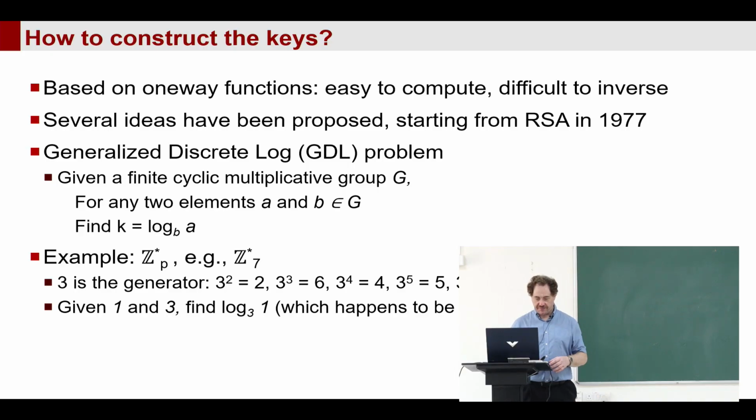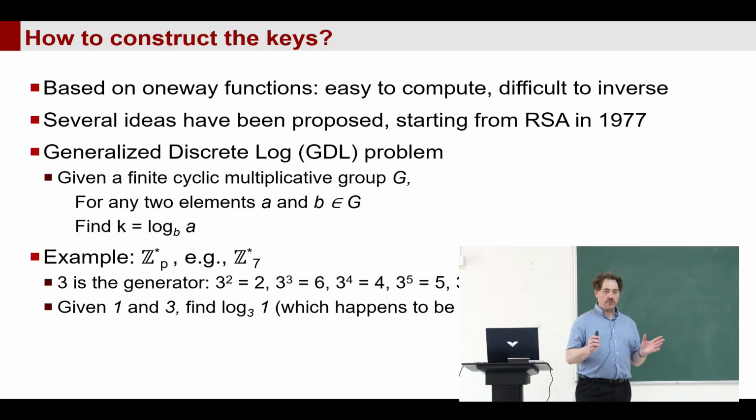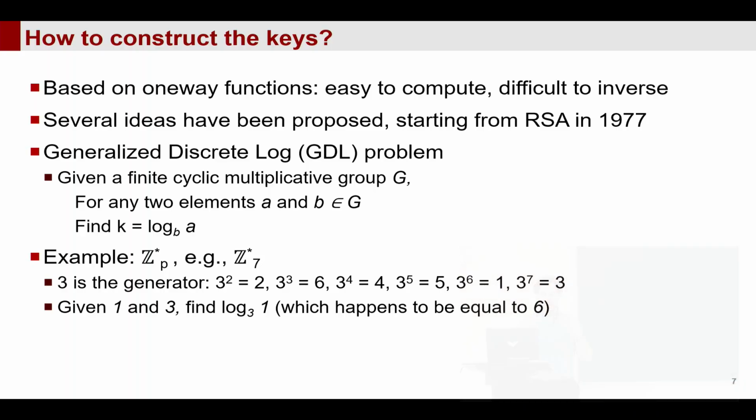So, for example, 7 or 11. How would we form such a group? The group would consist of all the natural numbers from 1 to 6. If the prime number used to generate the group is 11, then it would be all natural numbers from 1 to 10.